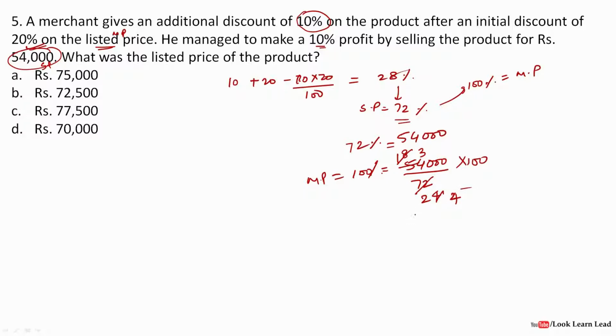When we calculate it, we'll get 3 by 4. See, we have here 3 by 4. 3 by 4 is 0.75 into how many zeros? 1, 2, 3, 4, 5 zeros, into 10 to the power 5. So it is 75,000 is the answer.